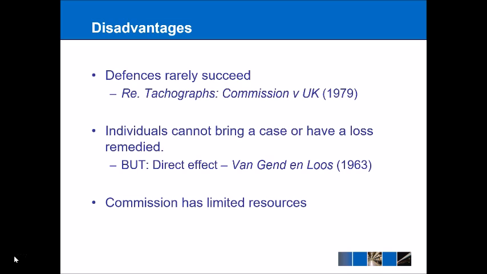So we can look at Articles 278 and 279 in terms of the interim measures, but we can also look at direct effect as well. So individuals do have remedies if EU law has been breached, and they can do that in the national courts. And the most famous example of that was Van Gend en Loos from 1963.